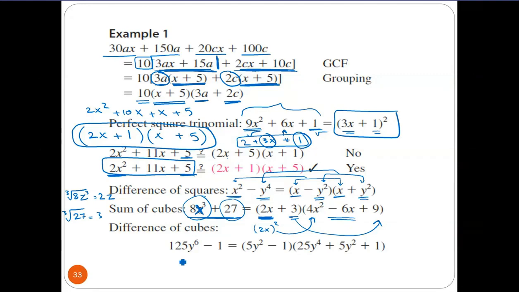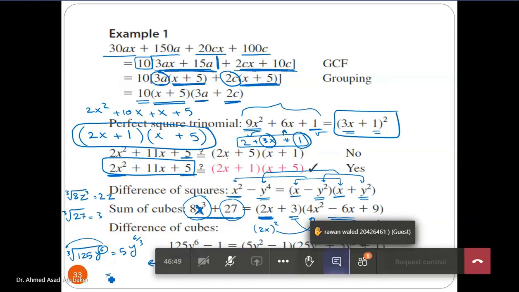Okay, here we take the cube root of 125y to the power 6. The cube root of 125 equals 5, and y to the power 6 over 3 gives y to the power 2.